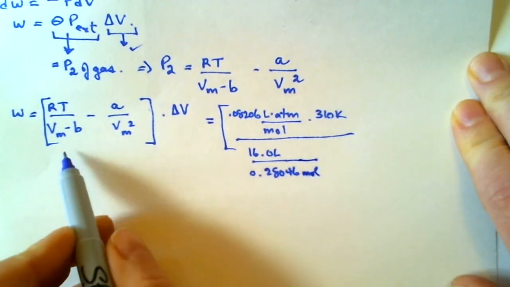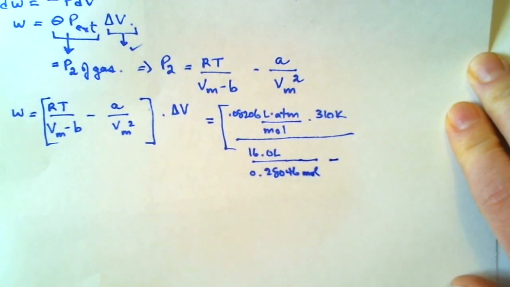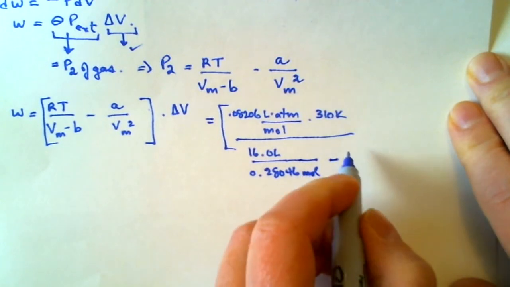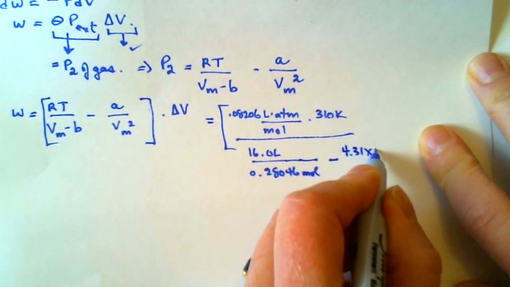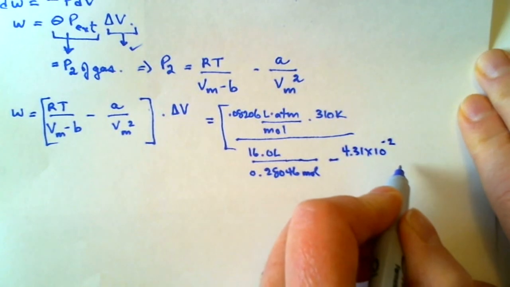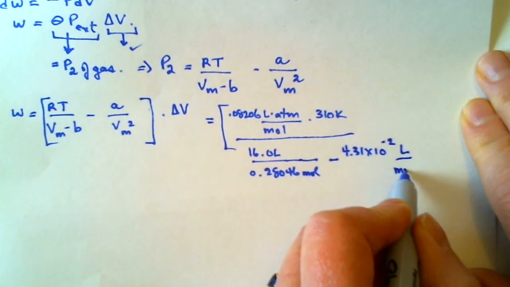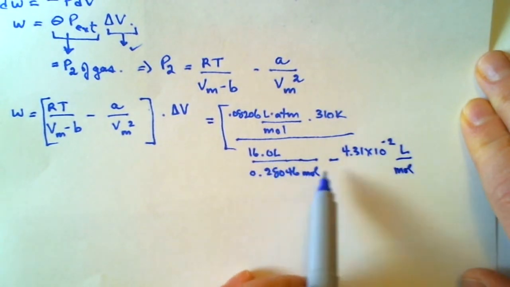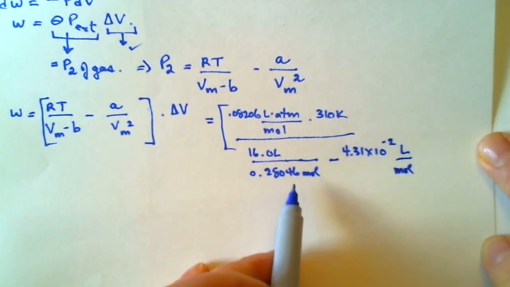Okay, that's my Vm, and then minus B. I'm looking at the data sheet again, and B was 4.31 times 10 to the minus 2 liters per mole. Liter per mole, good, because it's subtraction after all, I have to have the same units.